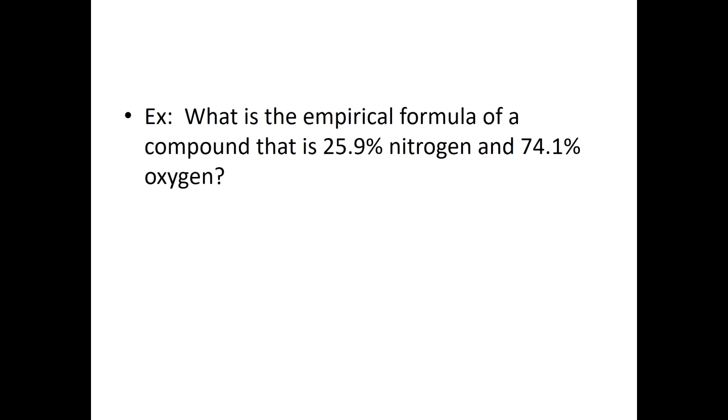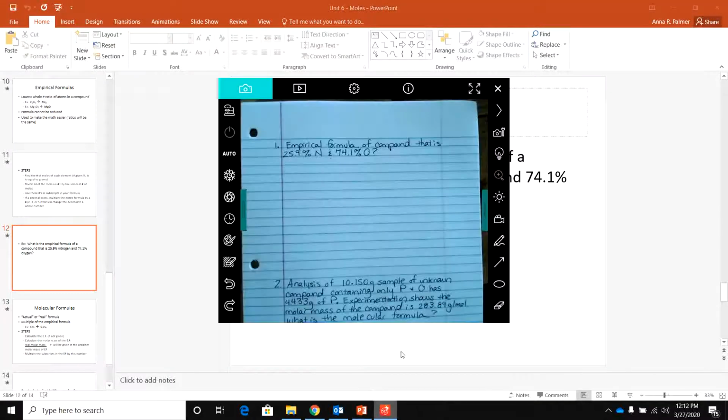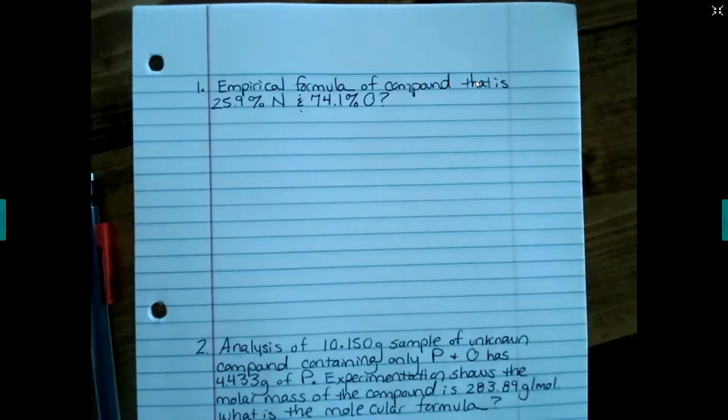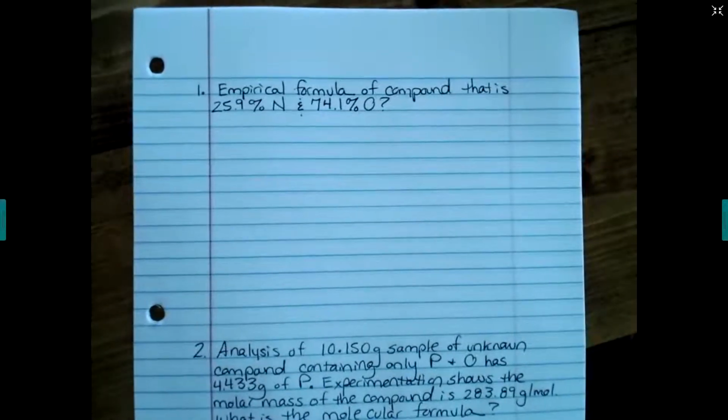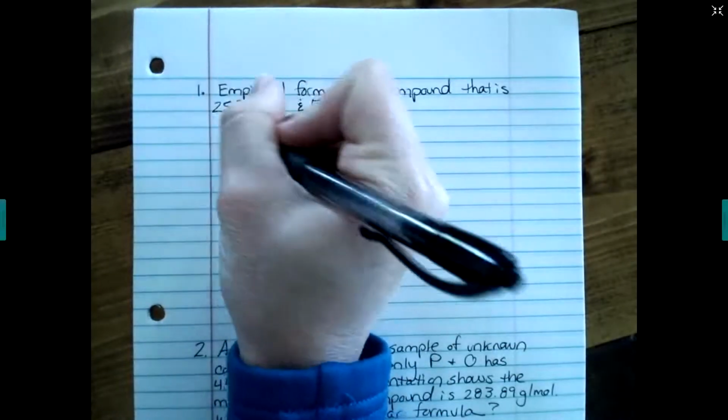So this says, what is the empirical formula of a compound that is 25.9% nitrogen and 74.1% oxygen? So let's go to my document camera, and I've written out this same problem. And the first thing we want to do is assume that these percents are the same thing as grams.